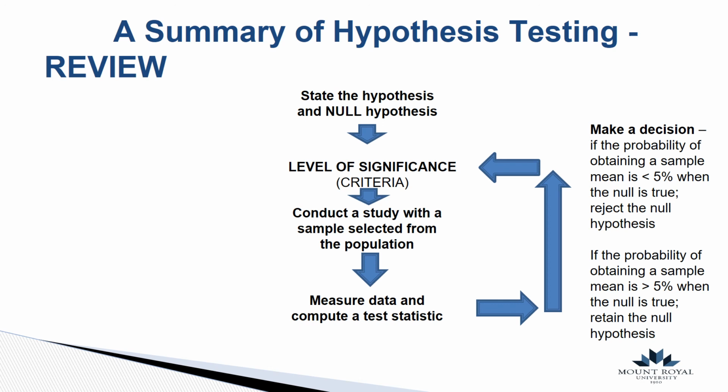We're going to measure the data and do our statistical calculations and compute a test statistic. And then we're going to make a decision. So once again, we're deciding how the p-value compares to the alpha value and whether our results are due to chance or they are due to our treatment or intervention.